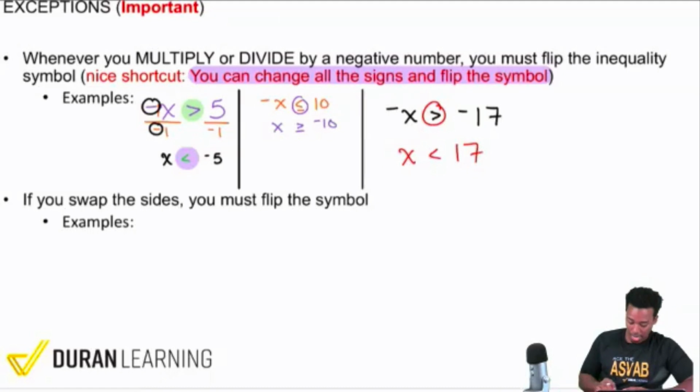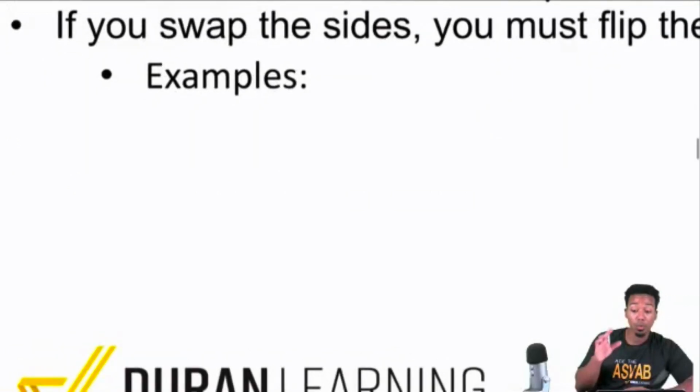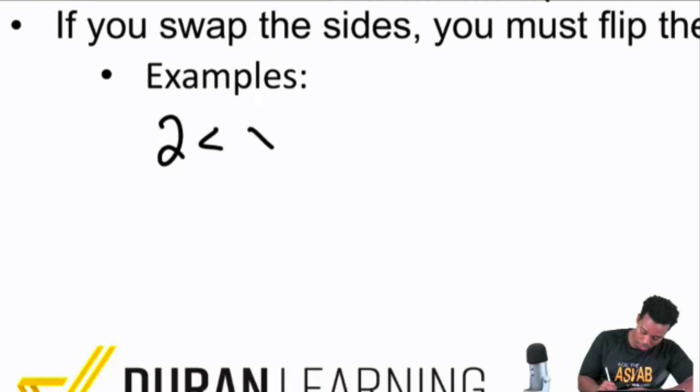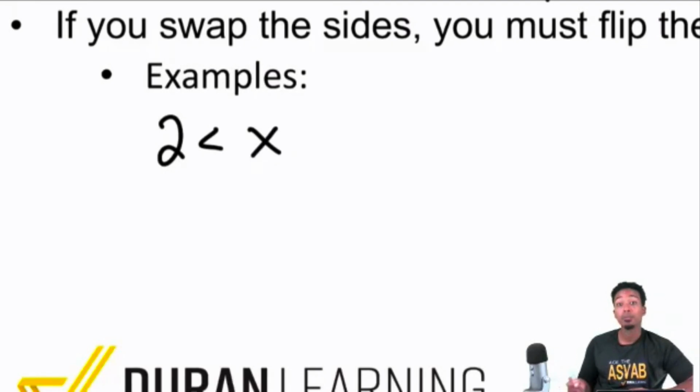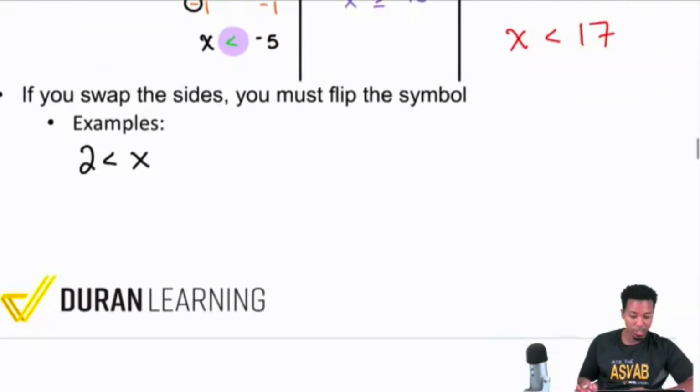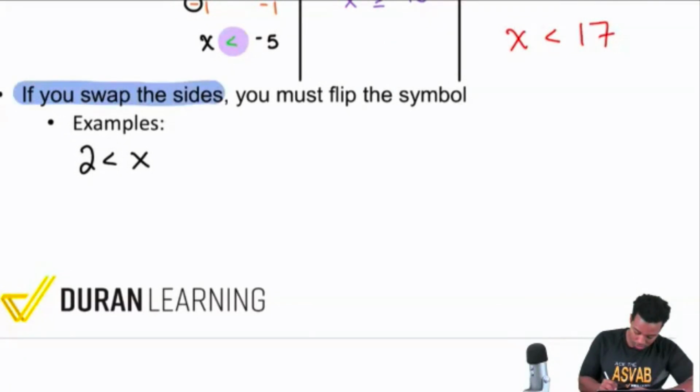I got you. And what I meant here is if you swap the sides, you must flip the symbol. There are going to be times where you'll receive an answer like this, everybody: 2 is less than X. So what this rule means is, if you swap the sides, you must flip the symbol.